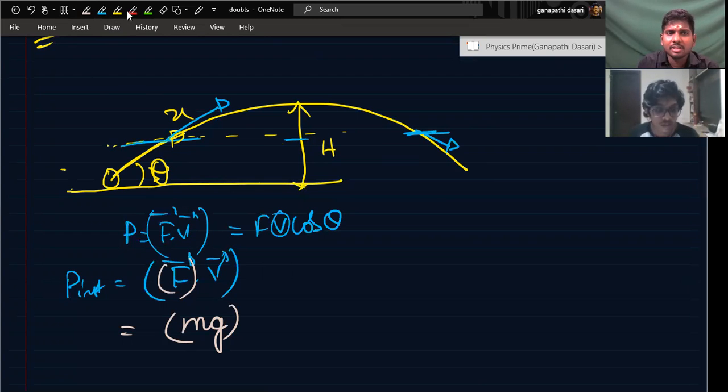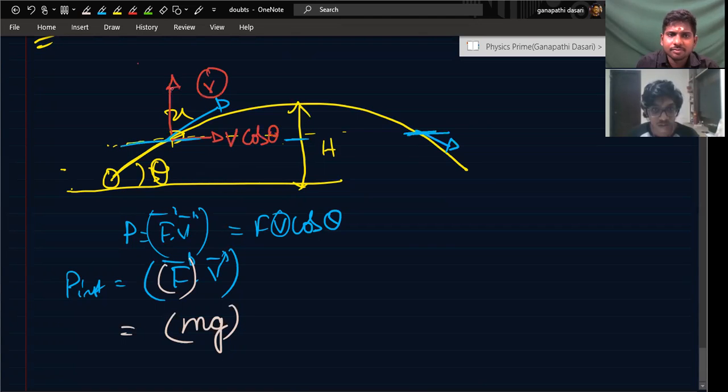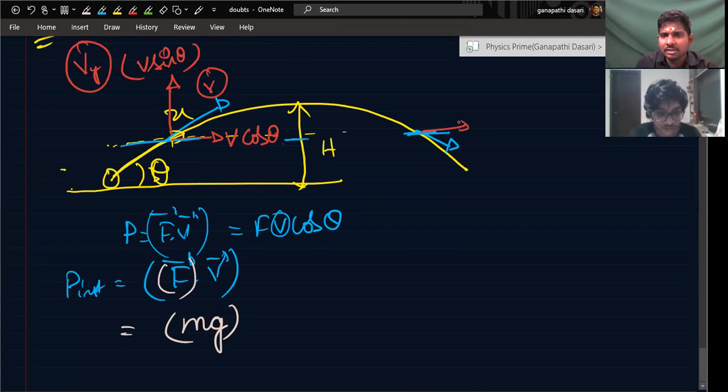If I resolve this into two components, if the speed is v, this will become v cos theta, and this will become v sin theta, that is nothing but vy. Here also, like that, the horizontal component will be some v cos theta and vertical will be some v sin theta.